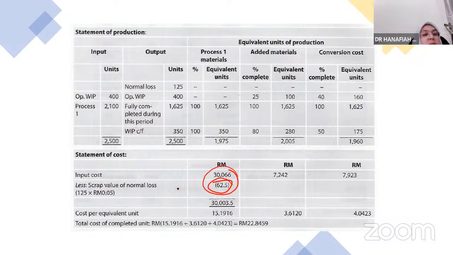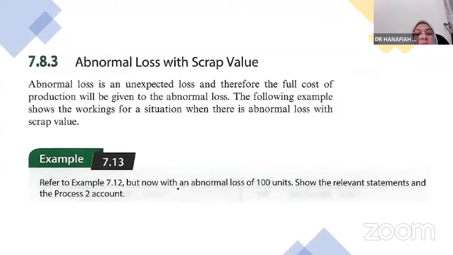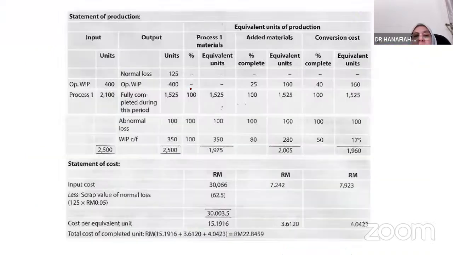Since we do not have much time, I will show you the abnormal loss here with the scrap value. As you know, the abnormal loss is actually unexpected loss. As we mentioned yesterday, again, you have to prepare the abnormal loss. The process is the same, all the same here.